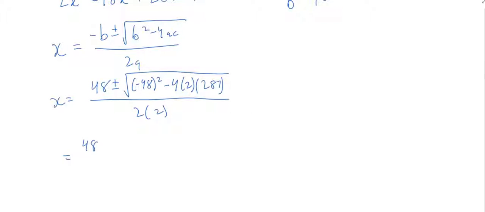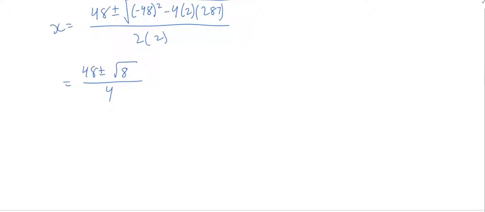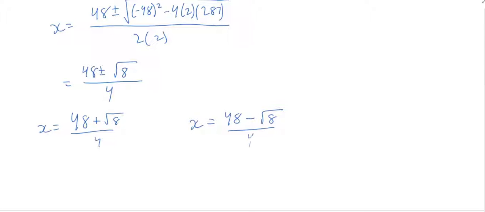So that's 48 plus or minus the square root of 8 over 4. So x is 48 plus root 8 over 4. x is 48 minus root 8 over 4.